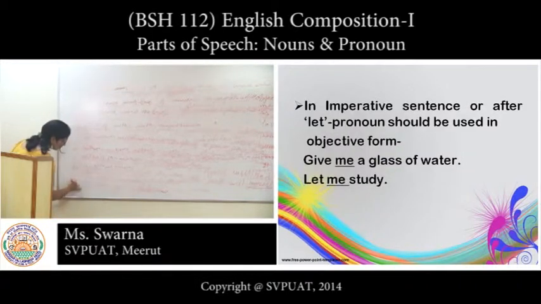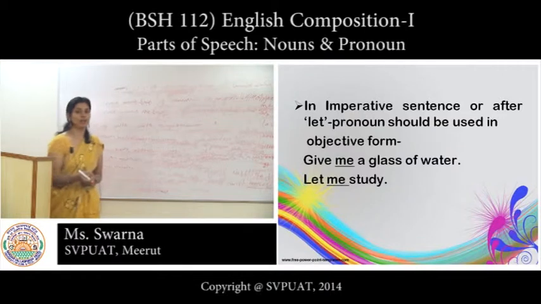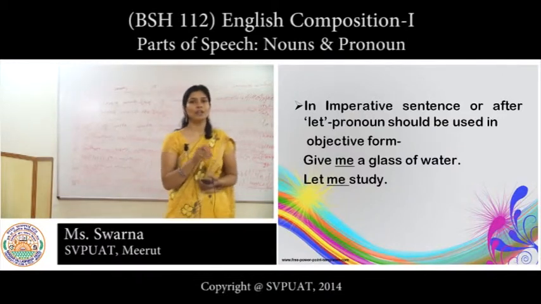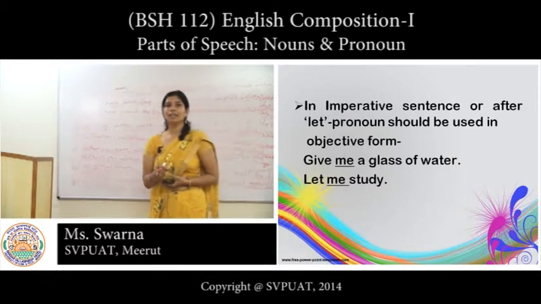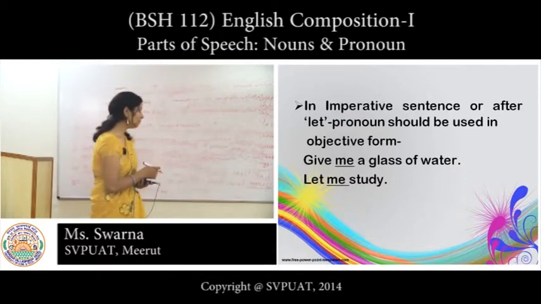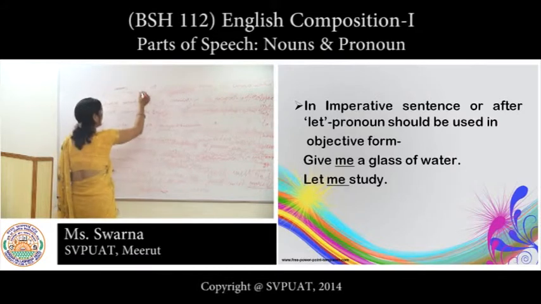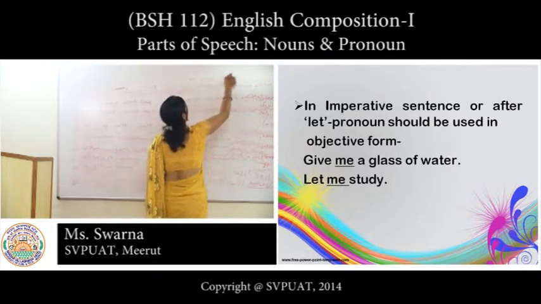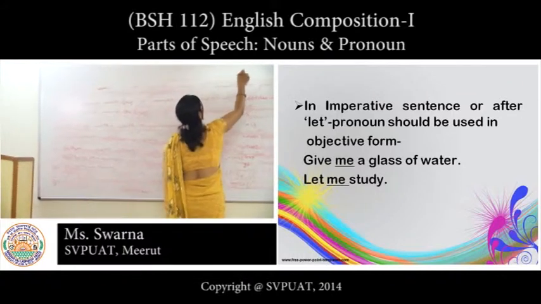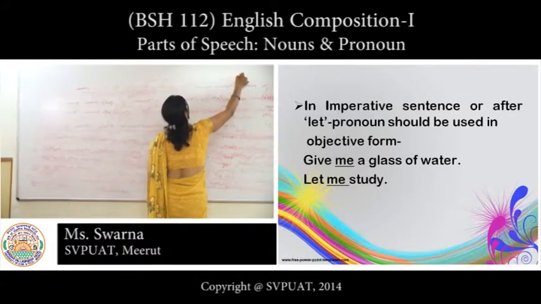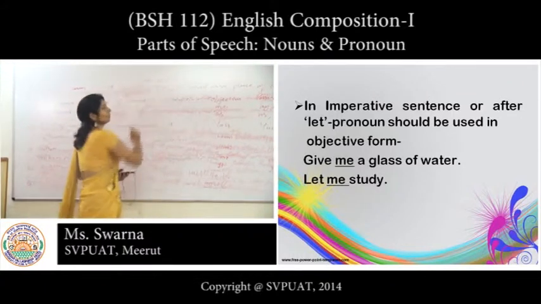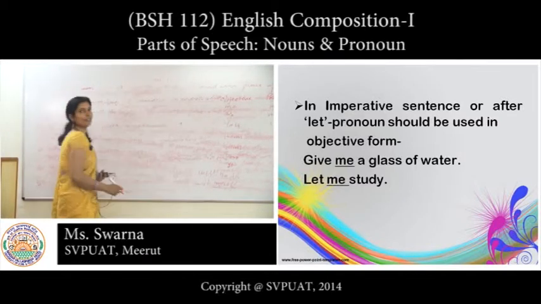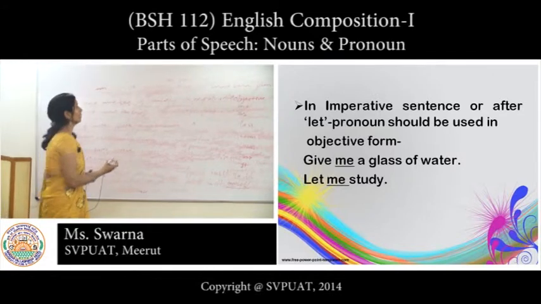And the fifth rule is always use the objective case when we use pronouns in an imperative sentence. Means if we write the sentence, give me a glass of water, then after give in an imperative sentence, we will use the objective case of the pronoun.